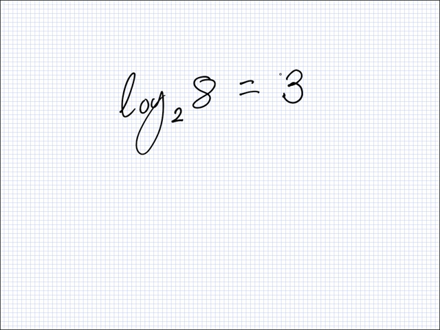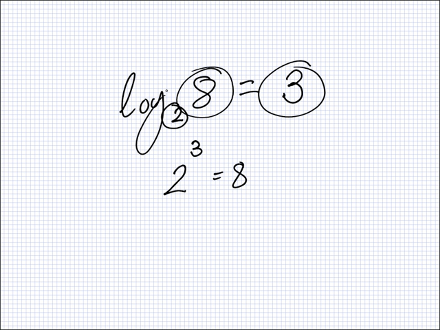You need it 3 times to get from 2 to 8. Okay, fine. So that means you can say 2 power 3 equals 8. Keep that in your mind.